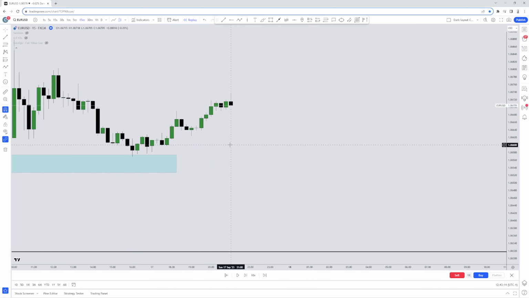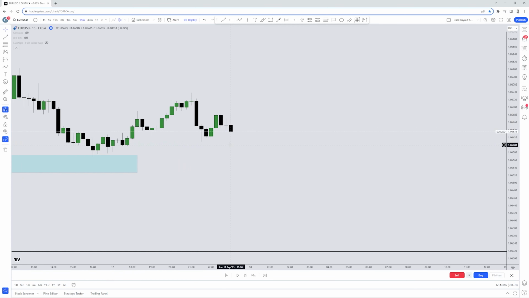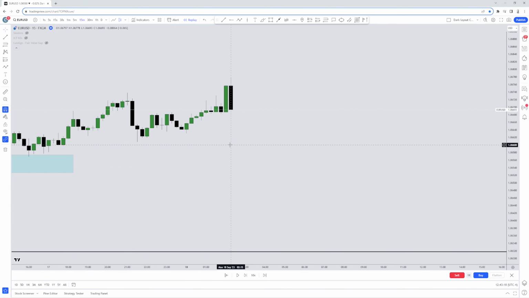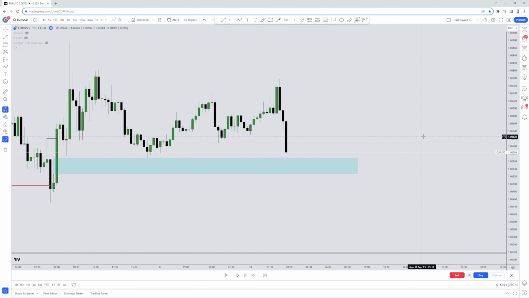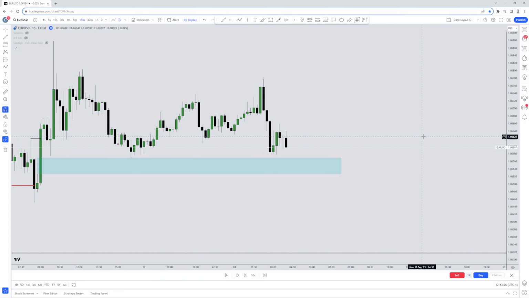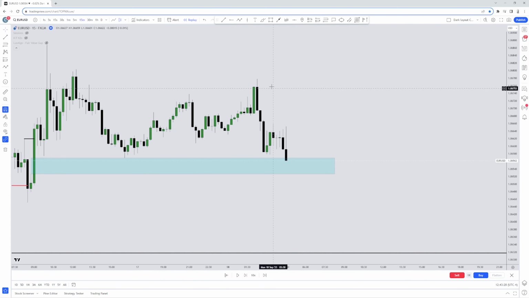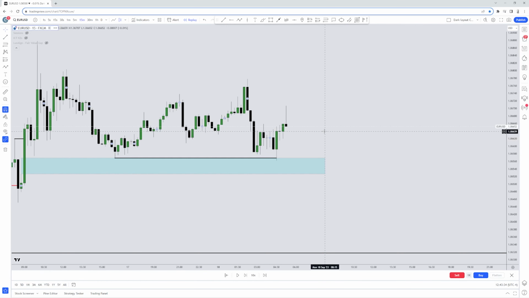Okay, so price is playing around and playing around, and let's extend this thing again. There is a remaining part all the way down here, and there you go. First thing that we see, we grab more liquidity down here, and we do change character as well.